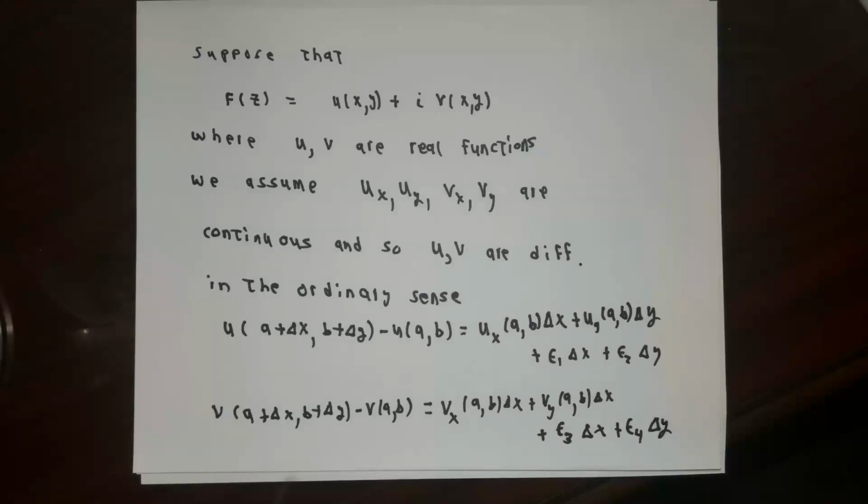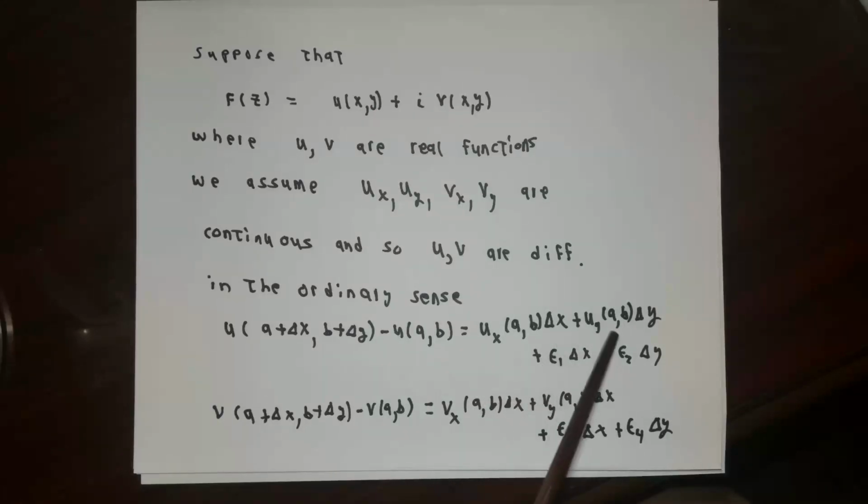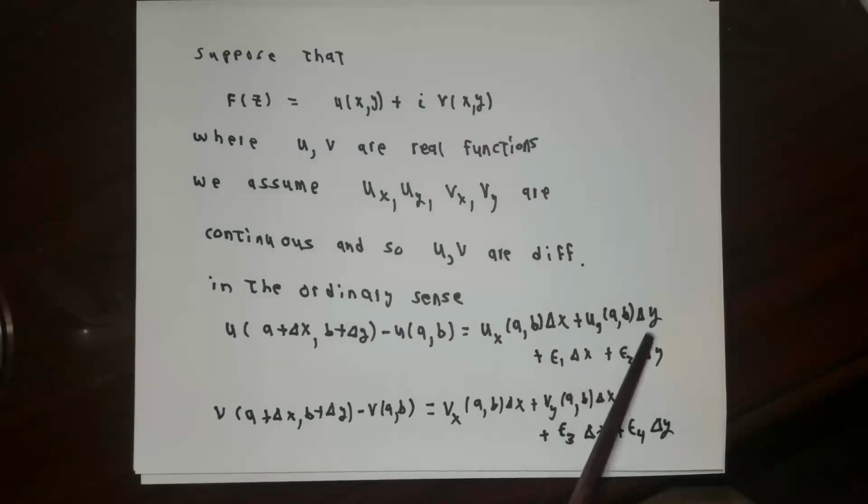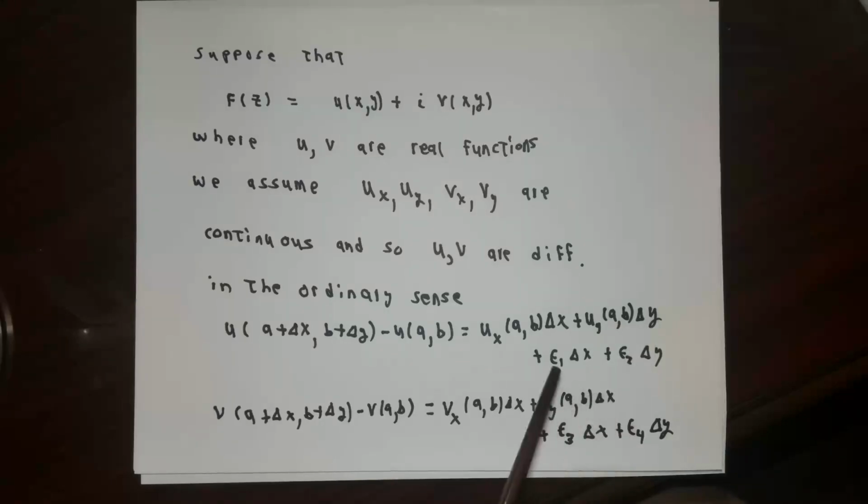That is to say, the difference in the u value equals partial of u with respect to x at the point of interest, delta x, plus partial of u with respect to y at the point of interest times delta y, plus epsilon 1 delta x plus epsilon 2 delta y, and a similar statement for the v function.